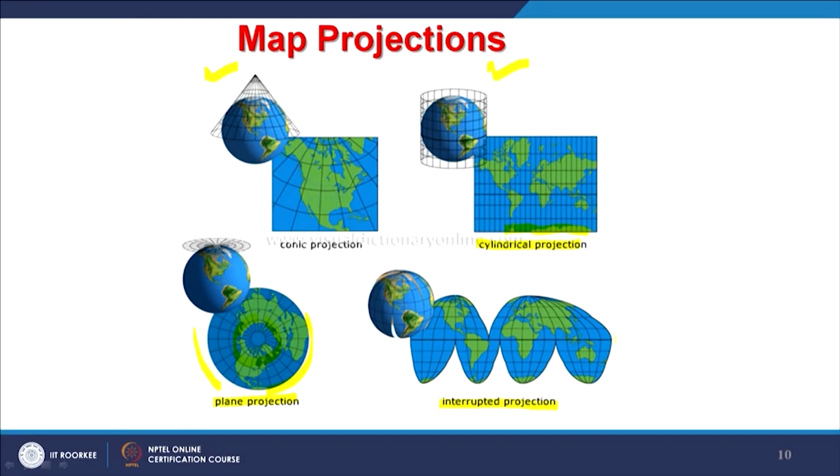So, these are also interrupted projections. More or less all countries would be represented correctly, but see what happens to your Antarctica. It is now in 4 parts, which is not the correct way of representing. So, that is why I said earlier that there is always a trade off in map projection. You gain something, but at the same time you lose something.